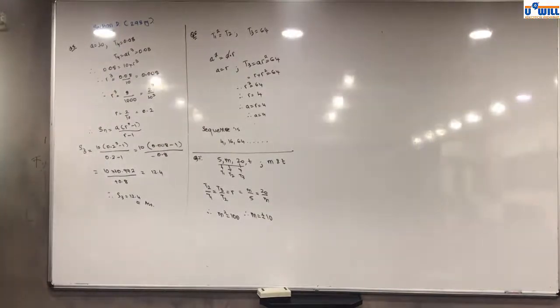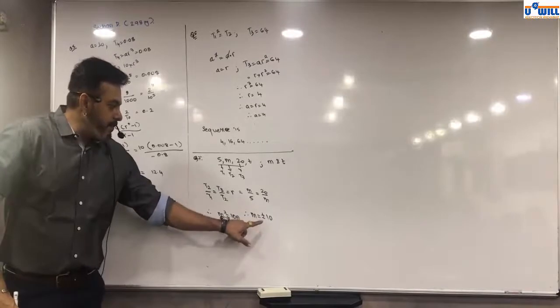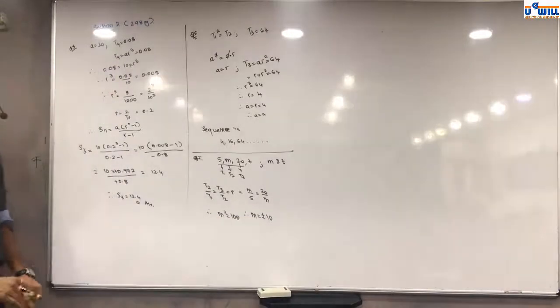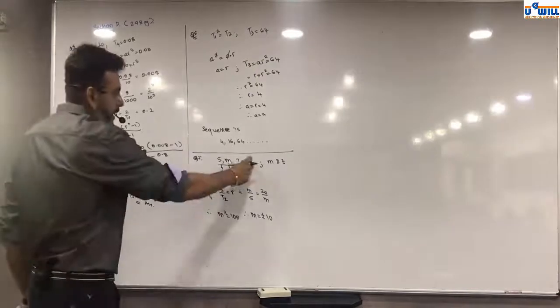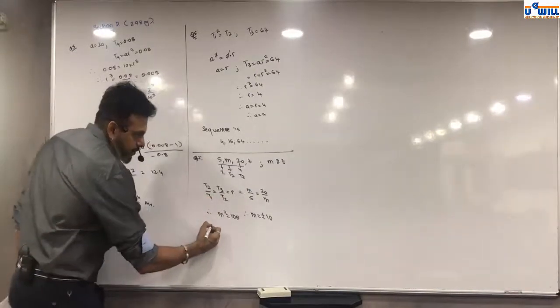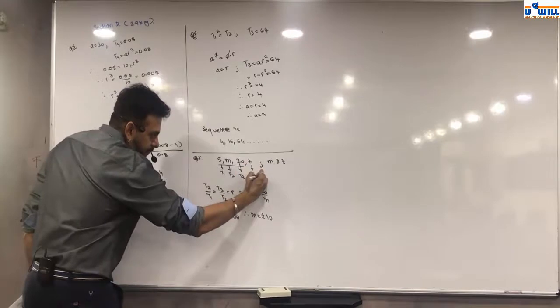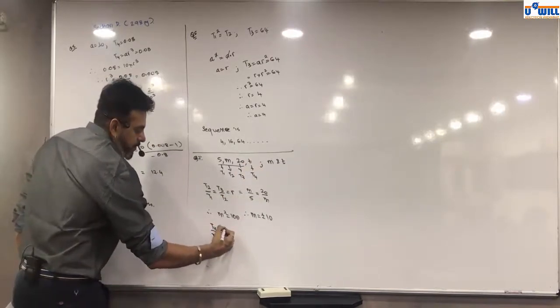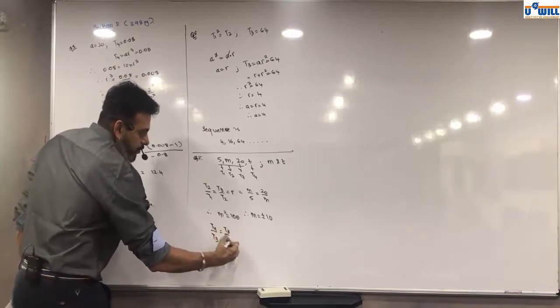Now, M can be positive, M can be negative. Now, what we have to find? We have to find T. So over here, we'll take T as T4. T4 upon T3 is equal to T3 upon T2.